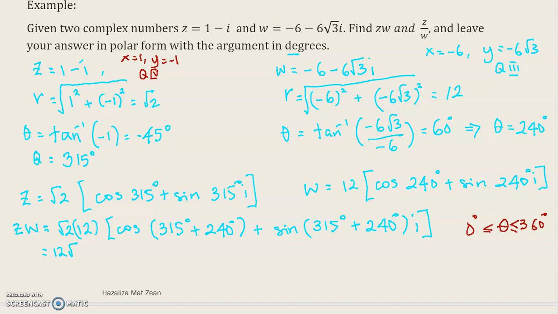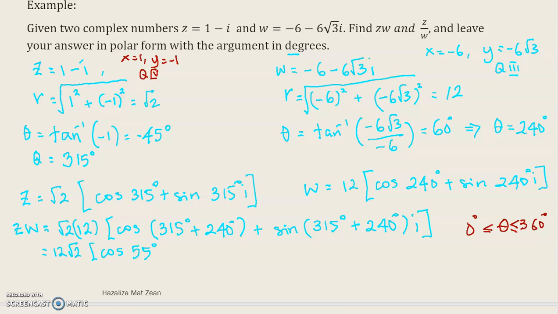So it's going to be 12√2, and 315 plus 240 gives 555, correct?